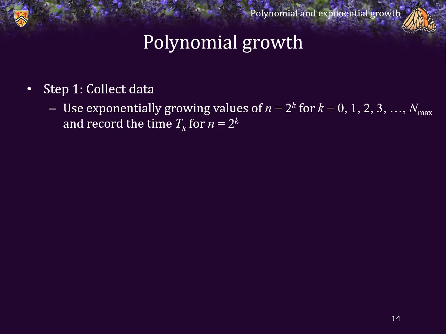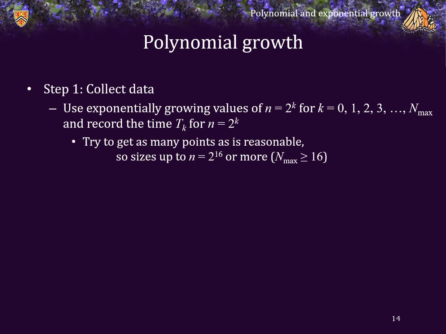We'll store this in a variable called t sub k. Now, we want to get as many points as is reasonable, so you should try to get at least up to sizes of 2 to the 16. So essentially, n max should be somewhere around, if not greater than, 16.